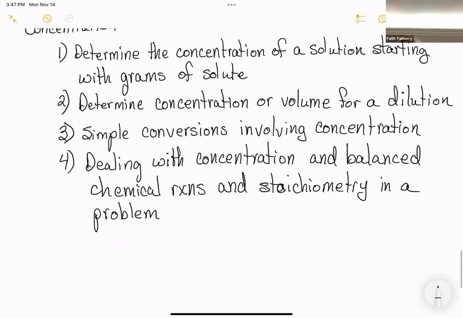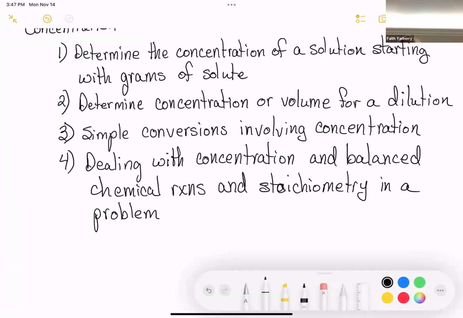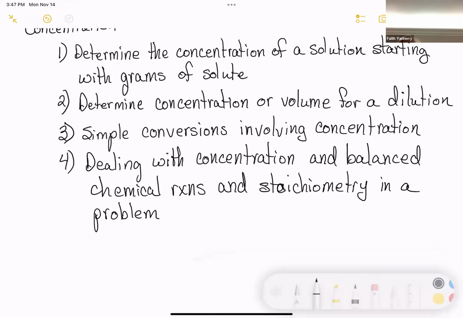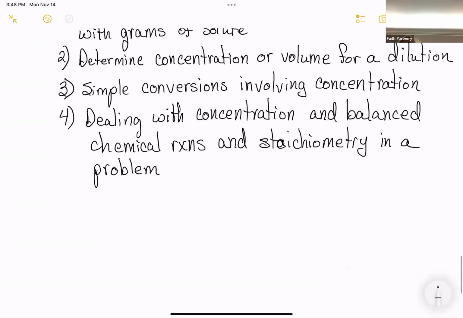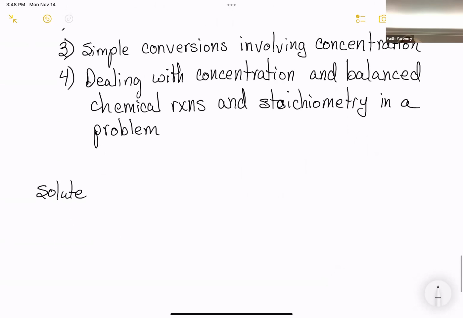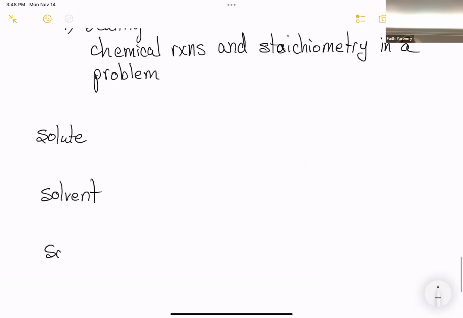Okay, so before we get into too much of that, there's some more terminology we need to discuss. The first thing we need to do is talk about the terms solute, solvent, and solution.